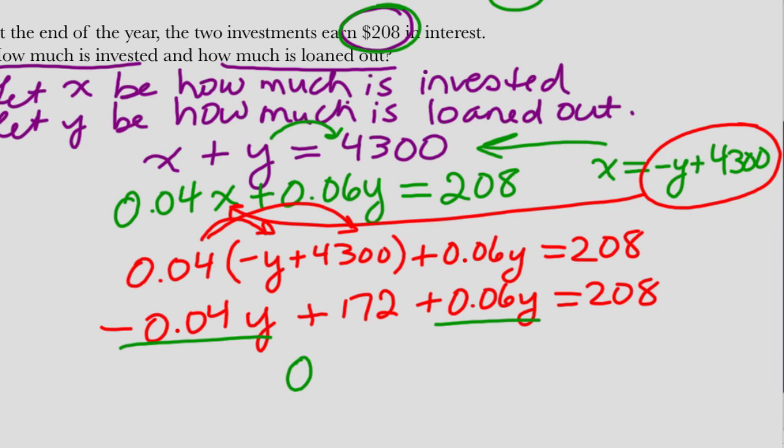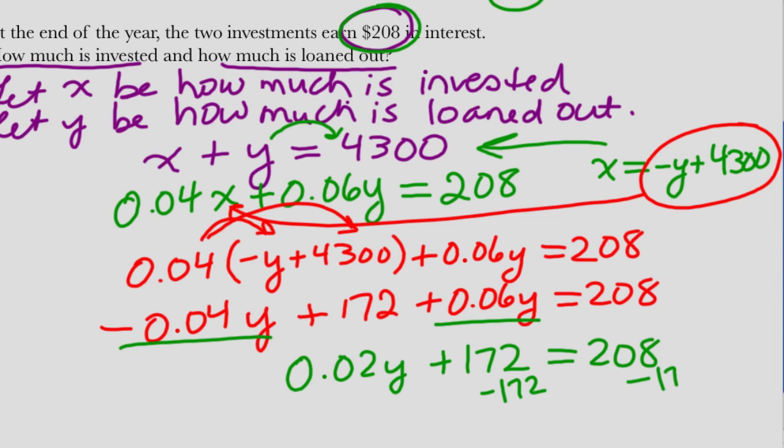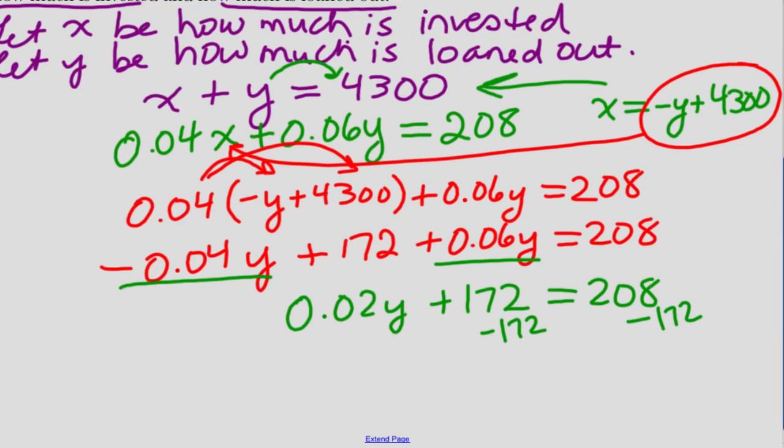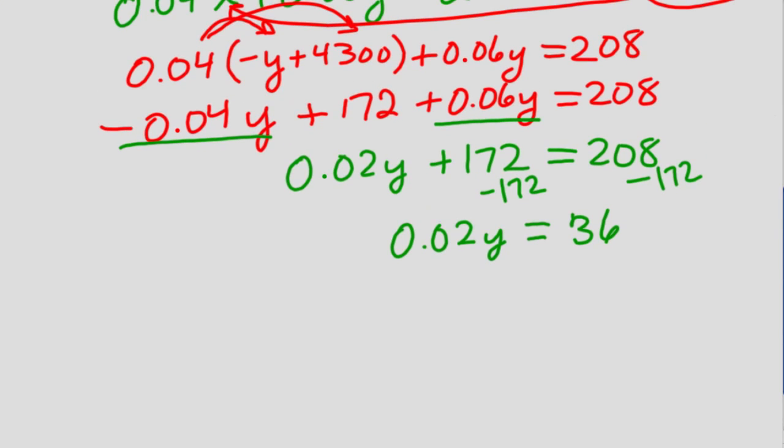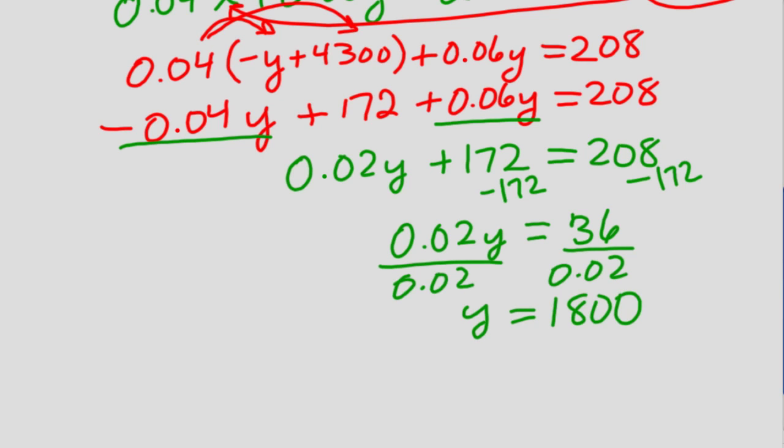So we could have 0.02y plus 172 equals 208. Subtract the 172 from both sides, and 0.02y equals 36. When we divide both sides by 0.02, we get an answer of y equaling 1,800. So what that means is the amount that they loaned out is 1,800.